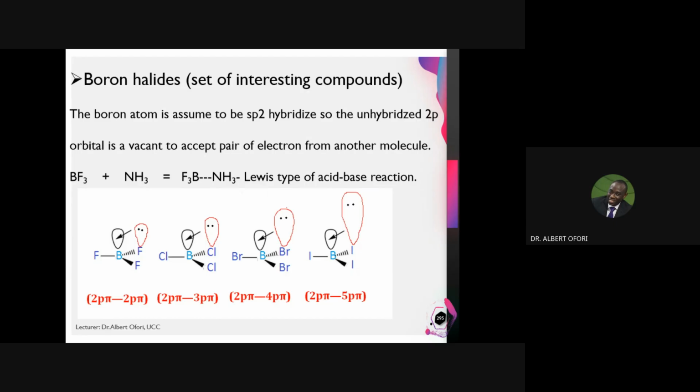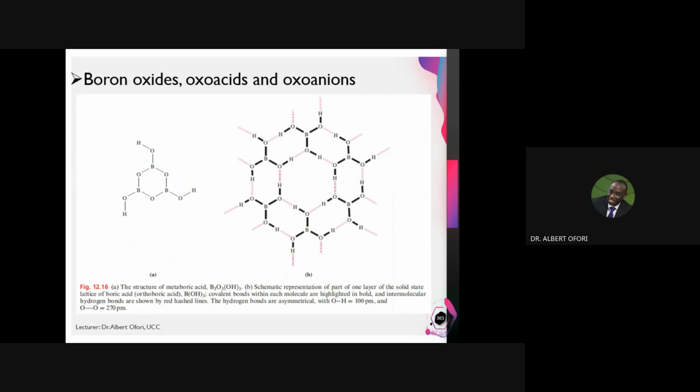Then we can have the boron halides also available. The boron hydride examples we've seen are the boranes. Then we can have the boron oxides, like orthoboric acid. So we can also get different boranes there.